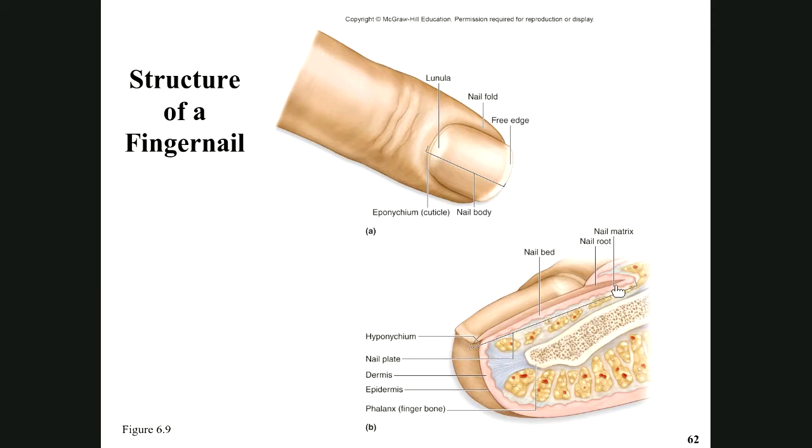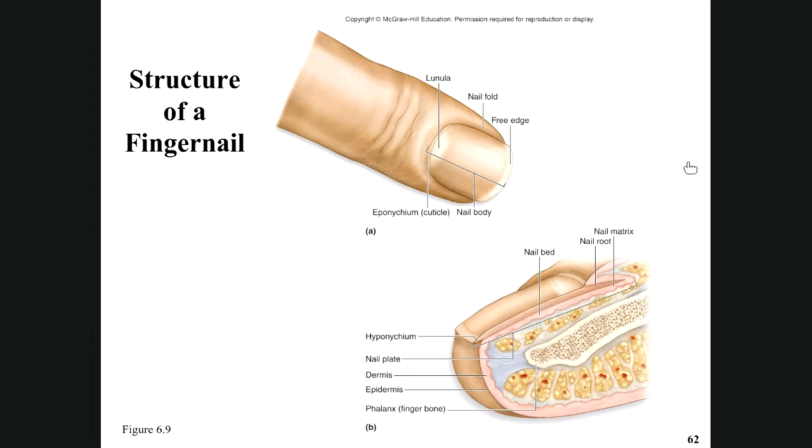You can see the eponychium and hyponychium in this part. You have nail folds on both sides of the nail, and this part is called the free edge of the nail, and the free edge of the nail is white because we don't have any capillaries beneath it.